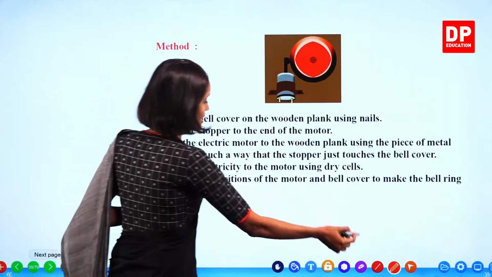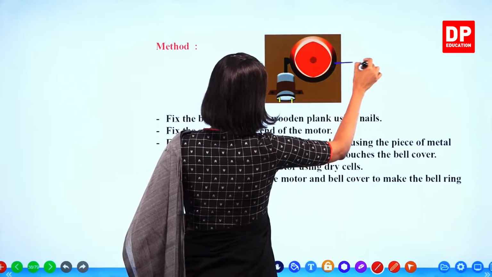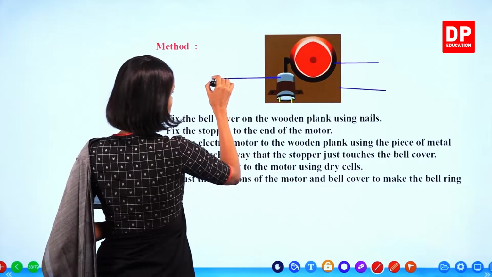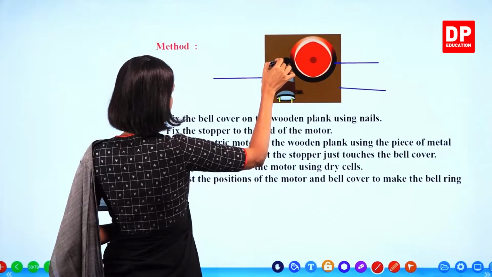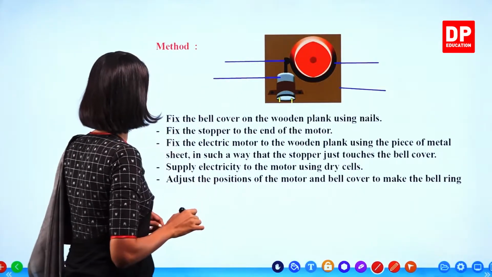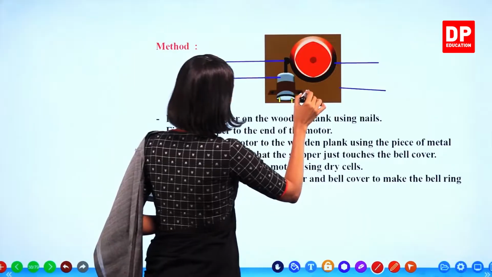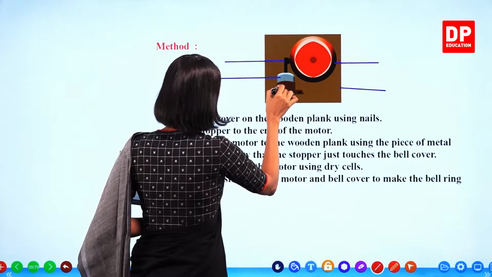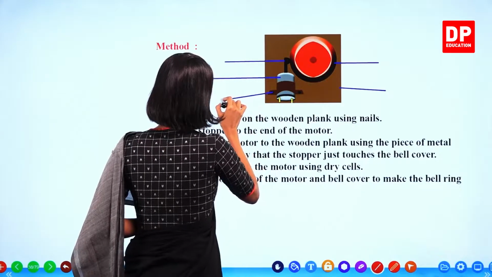Right, we will label the diagram first. This is the bell cover, wooden plank, small motor. This is the stopper, metal stopper. These are the pieces of wire and nails.